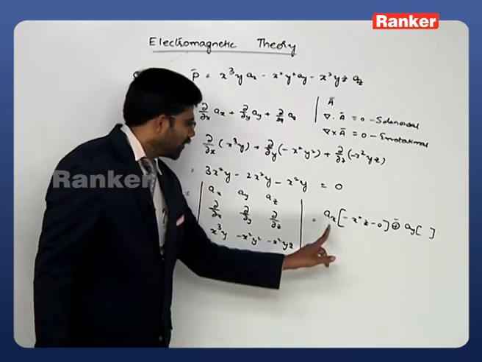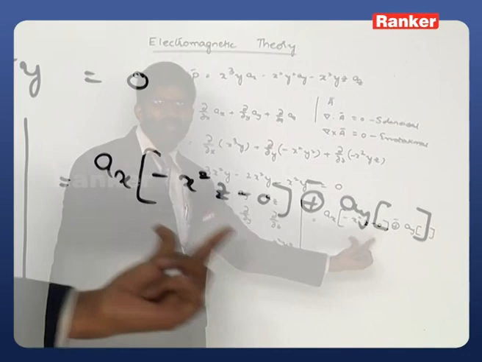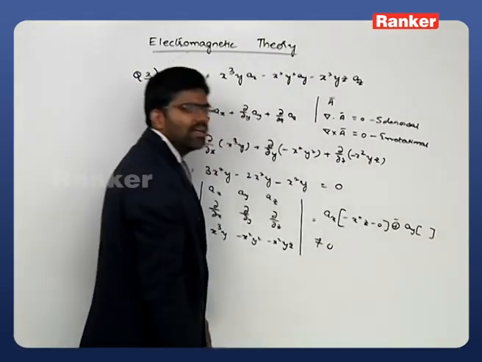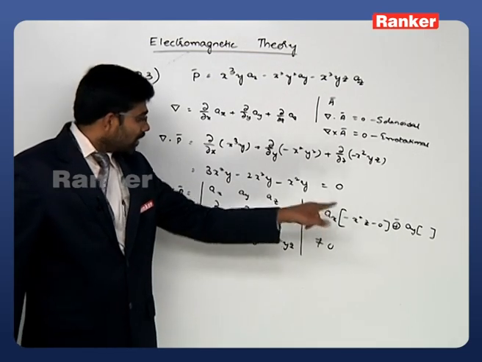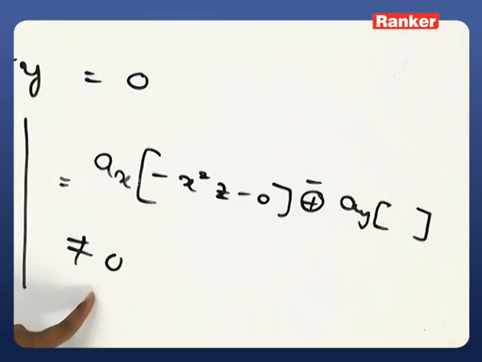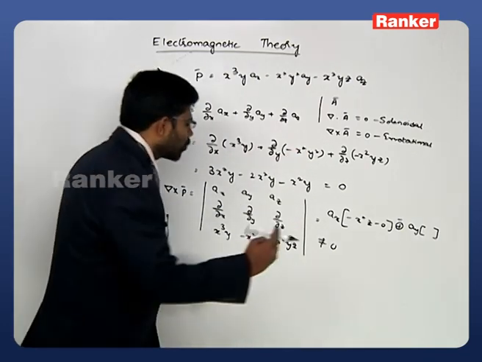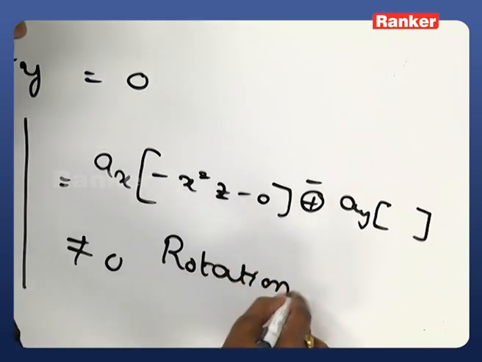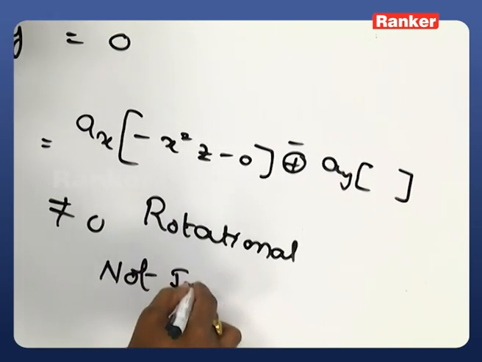But observe that even for the first product we are getting Ax into something, which is not equal to 0. No need to go for the Ay term and Az term. Even without them, you can say that del cross P is not equal to 0. If it is equal to 0, it is irrotational. If it is not equal to 0, it is rotational. Since it is rotational, it is not irrotational.